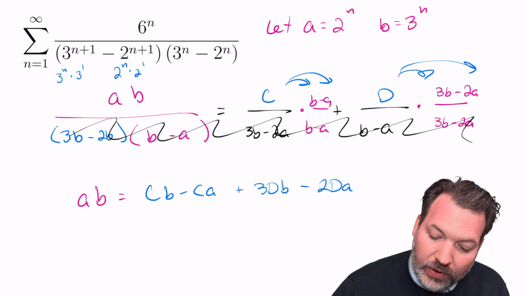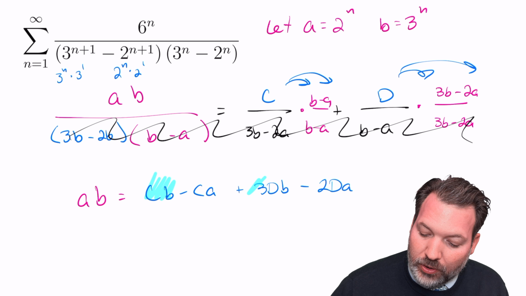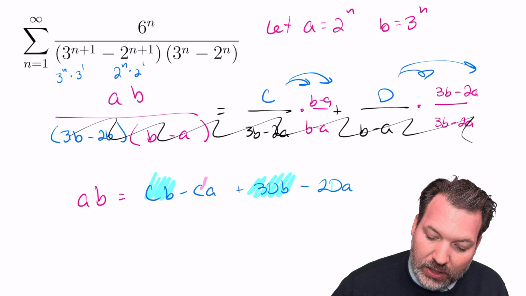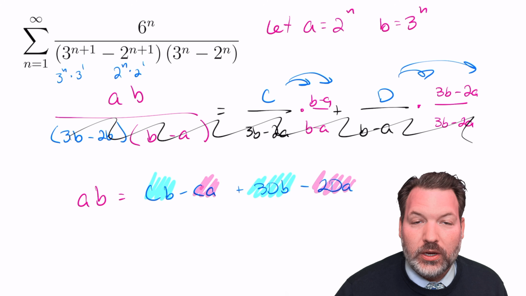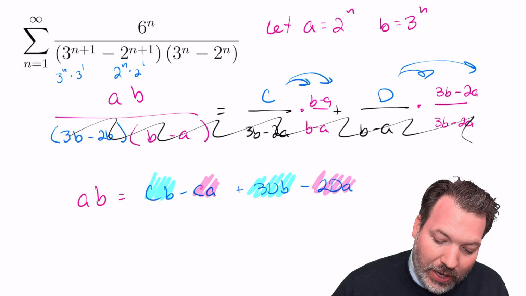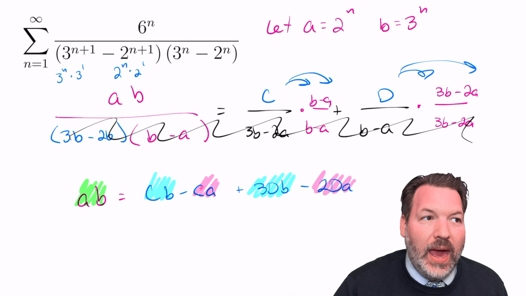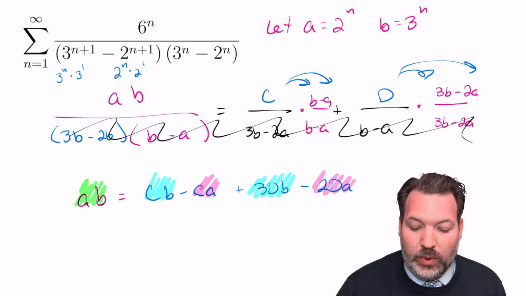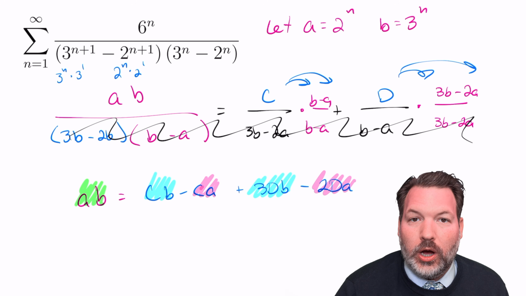The typical move is now to start grouping together things in terms of b and things in terms of a, which we definitely could do here, but again isn't going to help us because we have no a term alone on the left side. We have no b term alone on the left side.